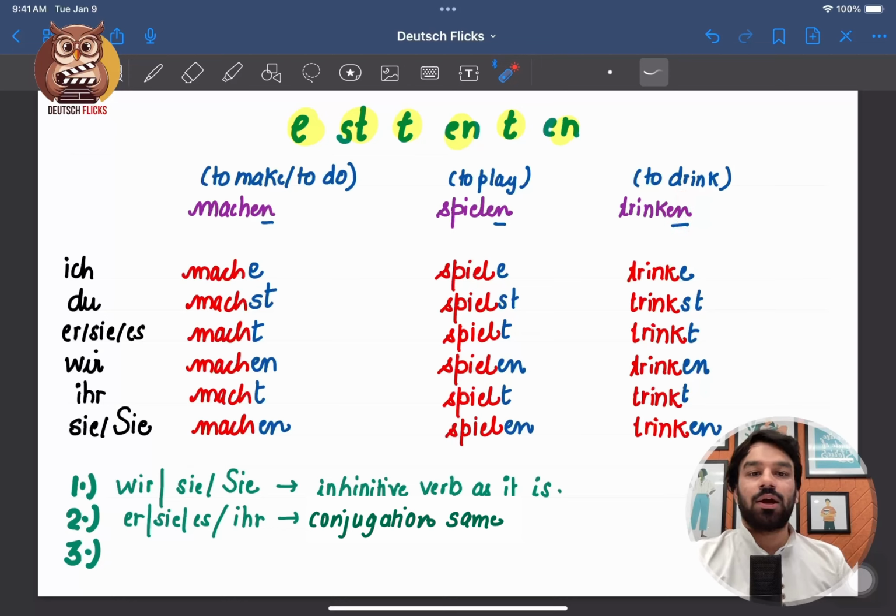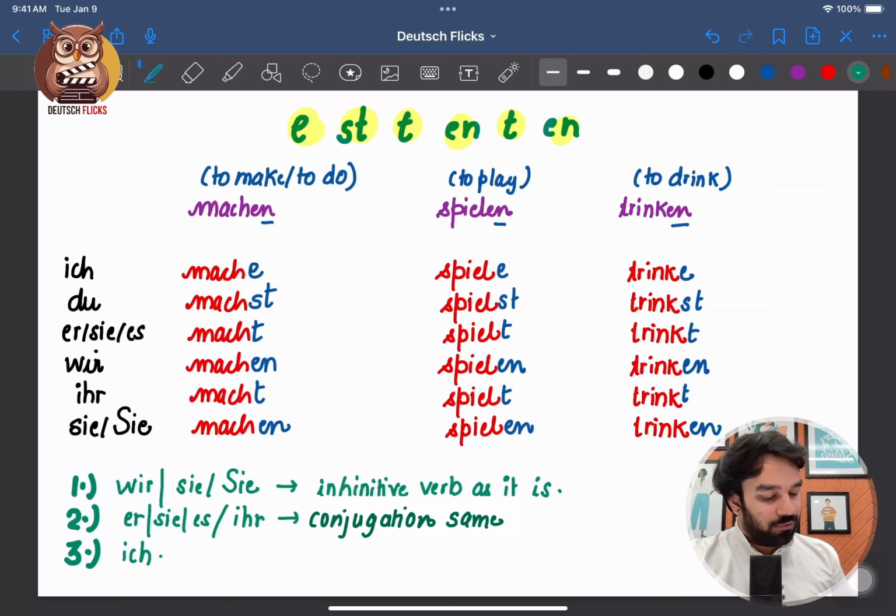And if I give you any verb, let's take schreiben, all I have to do is drop this n, and the conjugation of schreiben with ich becomes schreibe. So you can note this, that with ich, we drop the n from the infinitive verb.